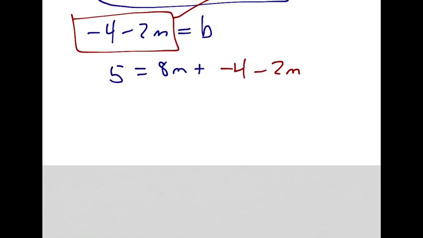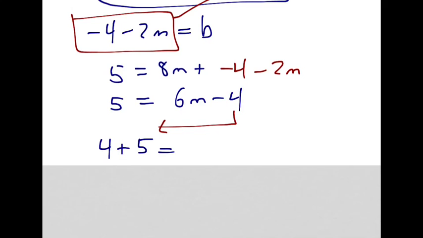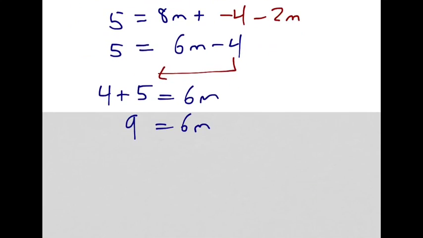And now I just solve for m. So I'm going to add those m's together, so that's 6m minus 4, and I'm going to bring that 4 over, so it becomes positive. And that's 9 equals 6m. Divide both sides by 6.